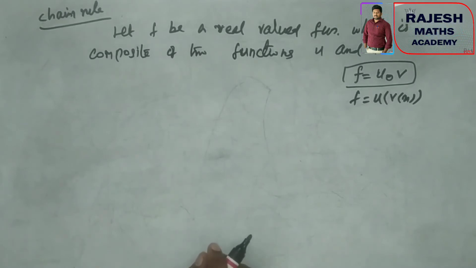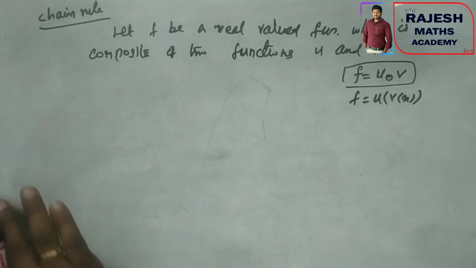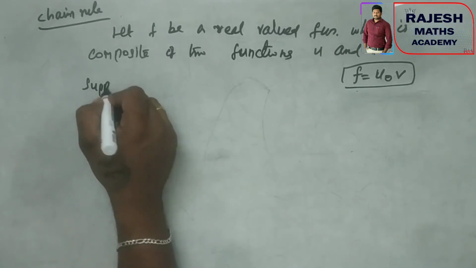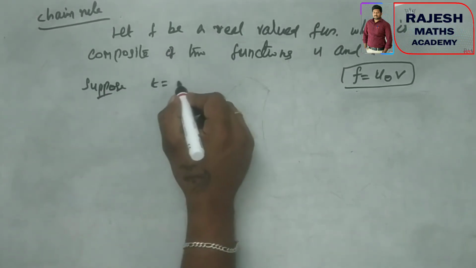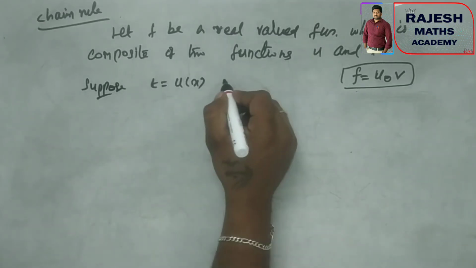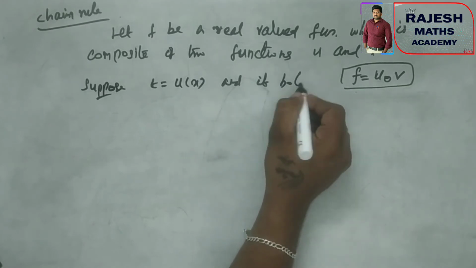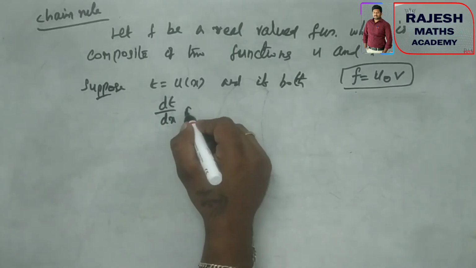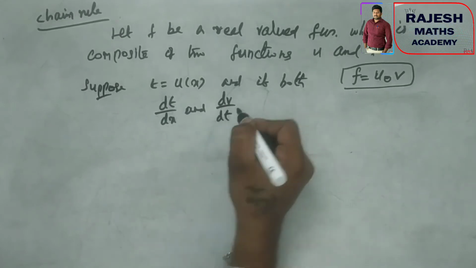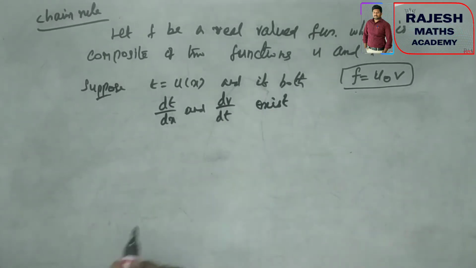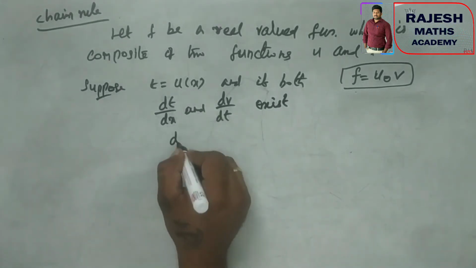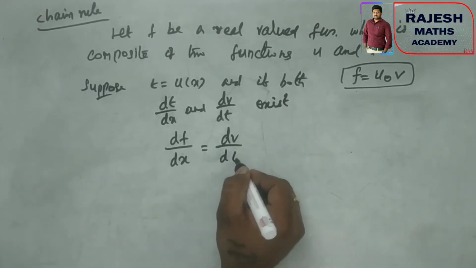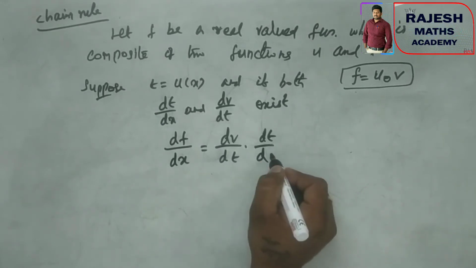So f is the composition of two functions u and v, and suppose t equal to u of x, and if both dt by dx and dv by dt exist, then df by dx can be written as dv by dt into dt by dx. This is our chain rule.